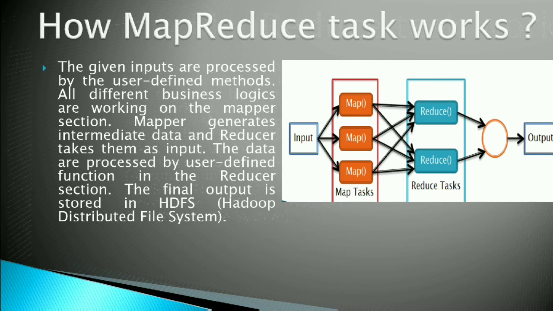The mapper generates intermediate data and the reducer takes them as input. The data are processed by a user-defined function in the reducer section. The final output is stored in HDFS, that is Hadoop Distributed File System.